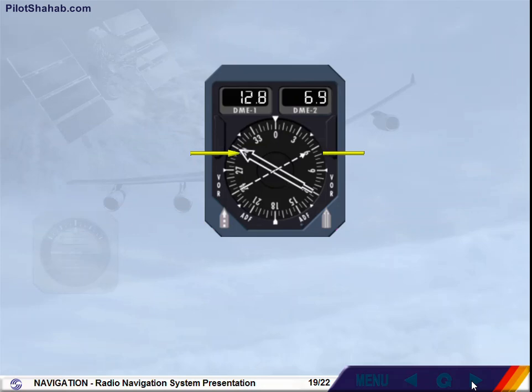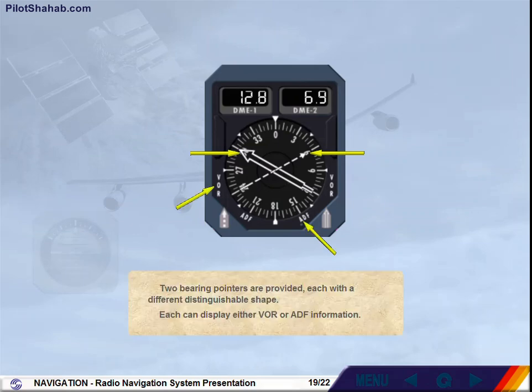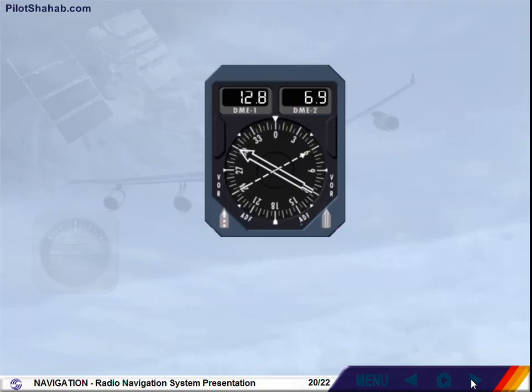Two bearing pointers are provided, each with a different distinguishable shape. Each can display either VOR or ADF information. Each pointer has an associated control knob.